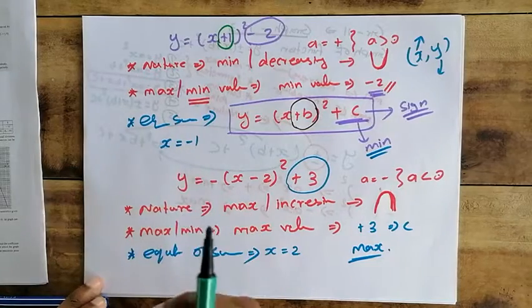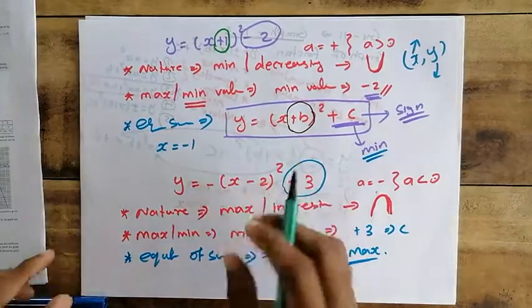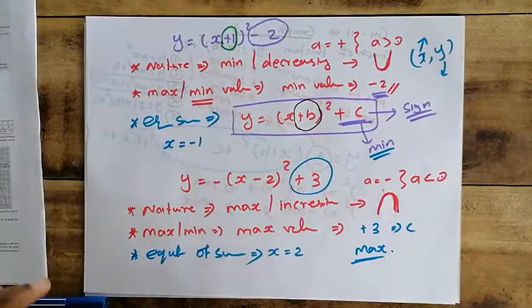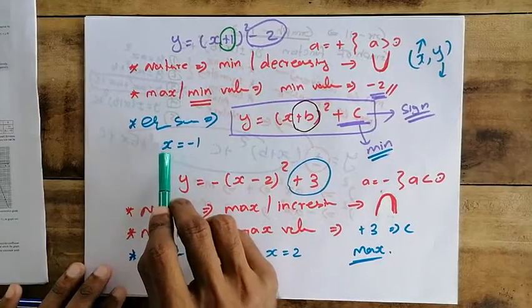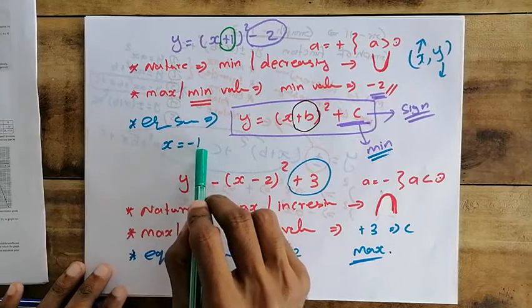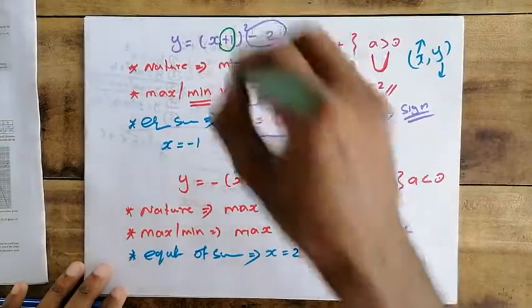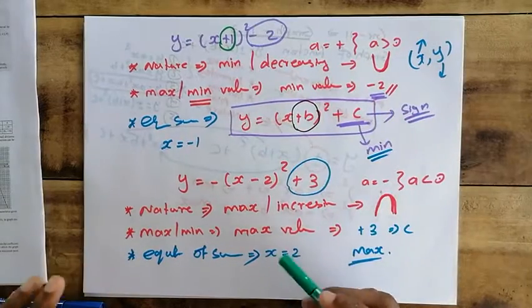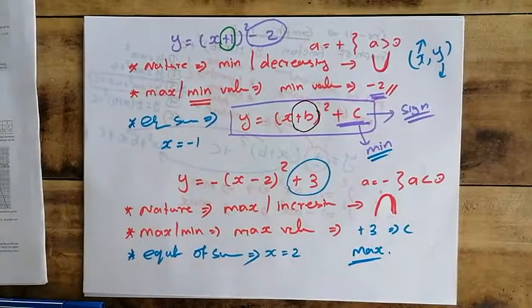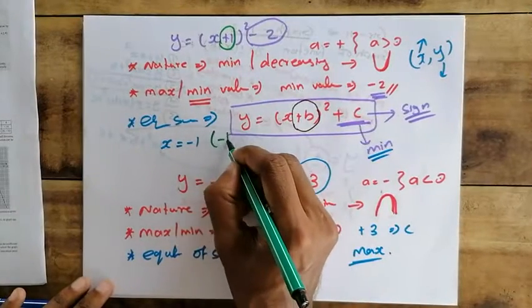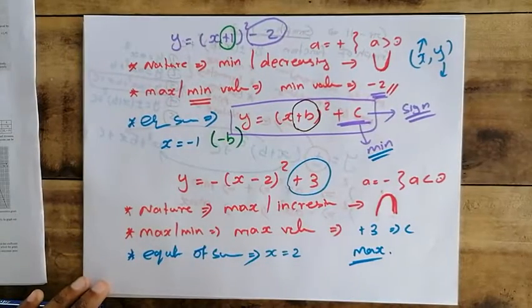So we'll guess some relationship. The equation of the axis of symmetry is minus 1, but in the binomial, the value of b is plus 1. So is there any relationship? Yeah, it's the negative value of b. Is that correct?